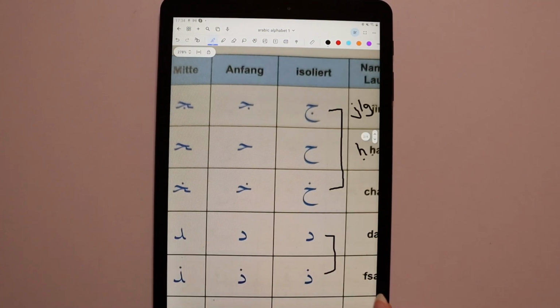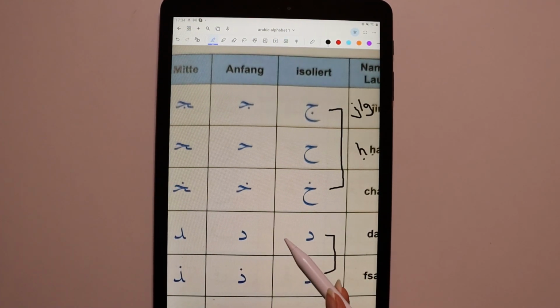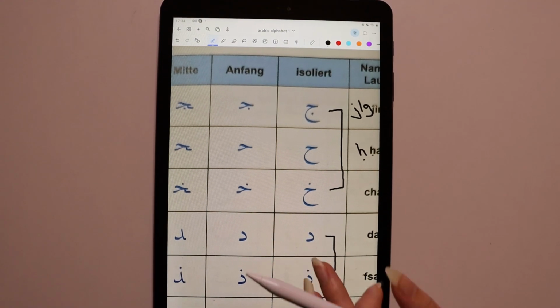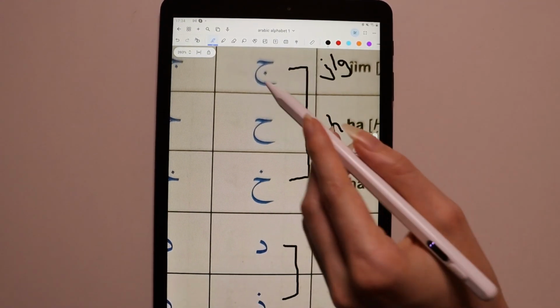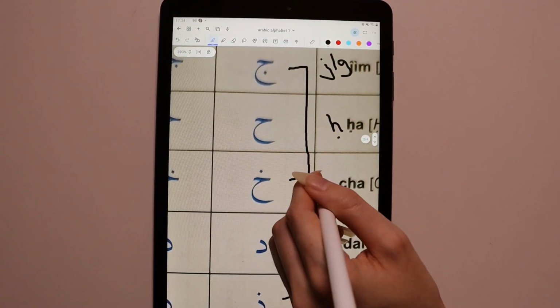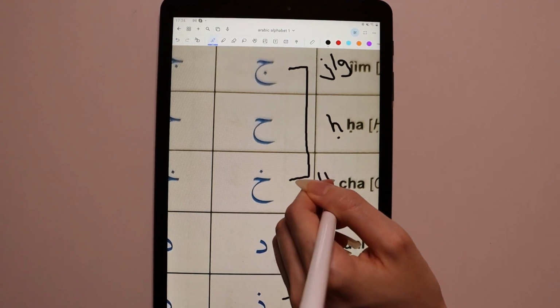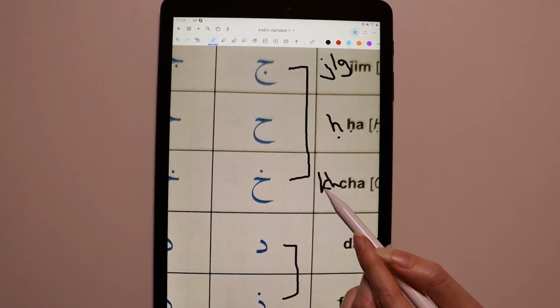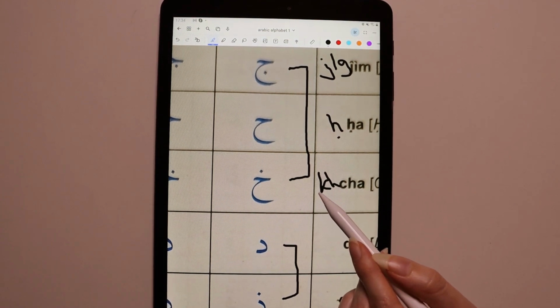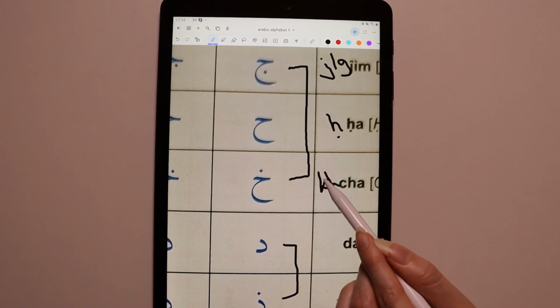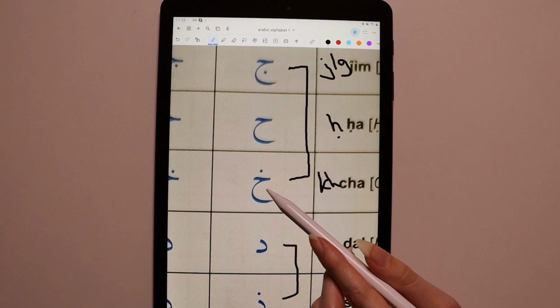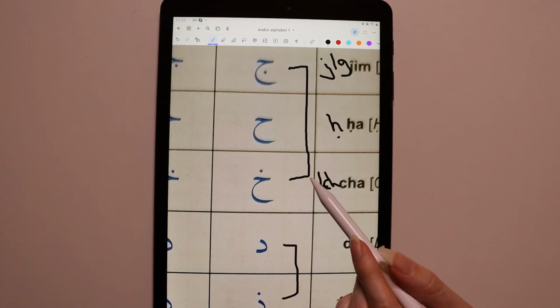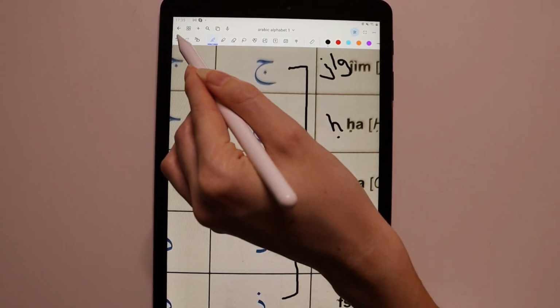And then we have the cha, and the cha is like another H sound, but a really strong H sound, really deep in the throat. Whenever you see this connection, I think this is how you write this in English. As an example, the name Khalid is with the cha, so you write it with KH most of the time.